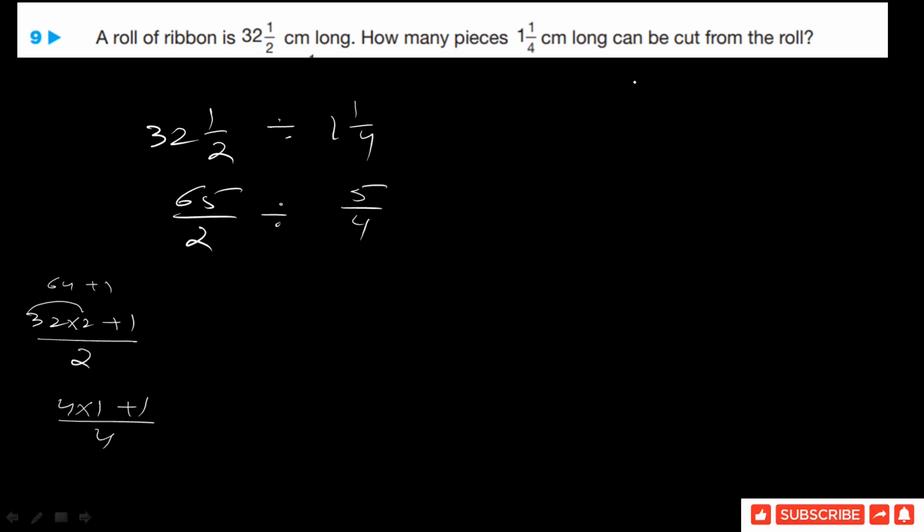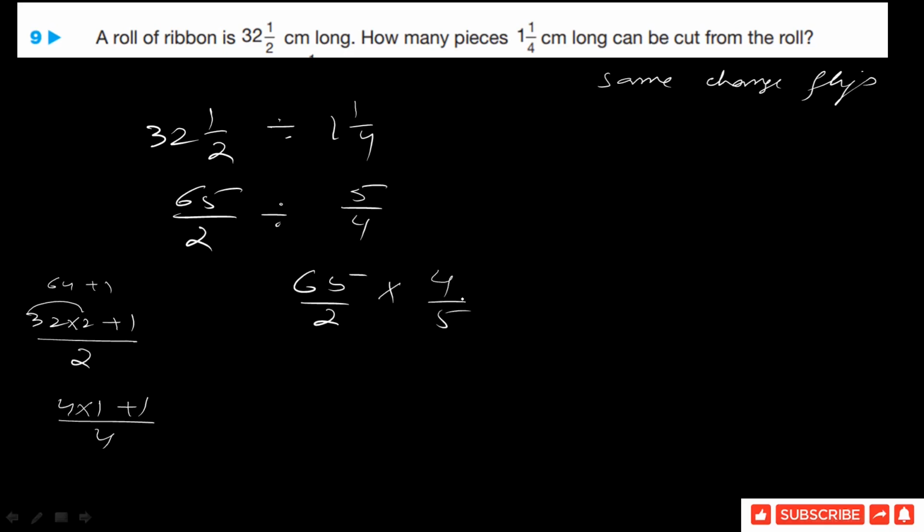Now we again take the same formula: same, change and flip. So we keep this 65 upon 2 the same and division changes to multiplication. 5 by 4 will be flipped to 4 by 5.